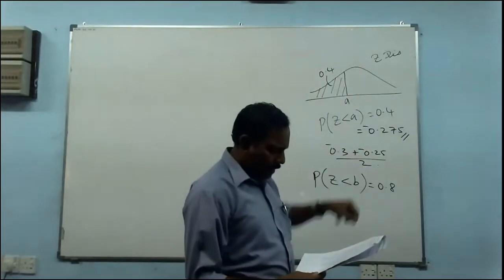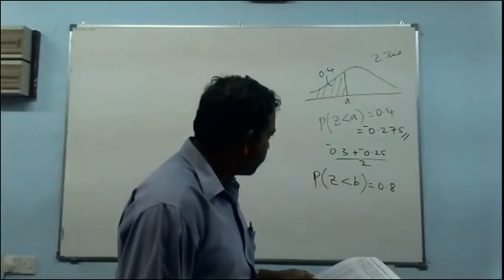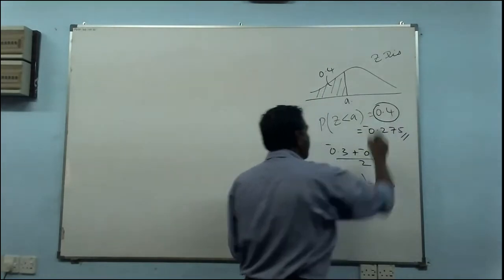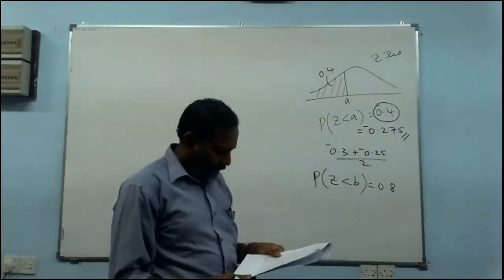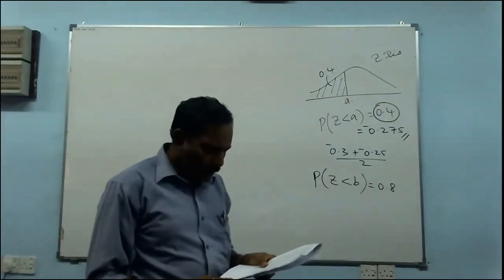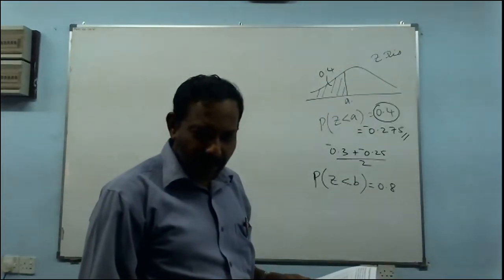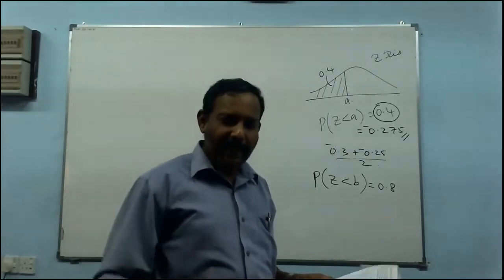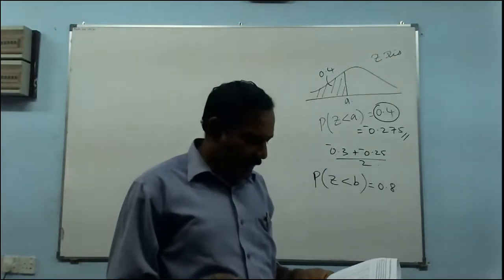I didn't get your point. Can you find exactly this value in the table? Minus 0.25 directly gives 0.40 something. 4013. Not 40, it is 4013. So there are some more digits in it. It doesn't give only 40.